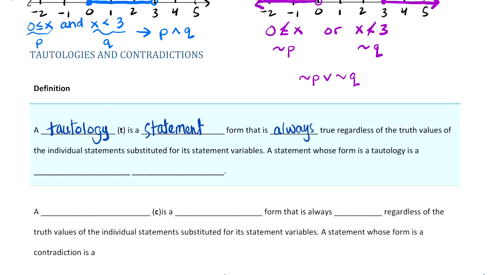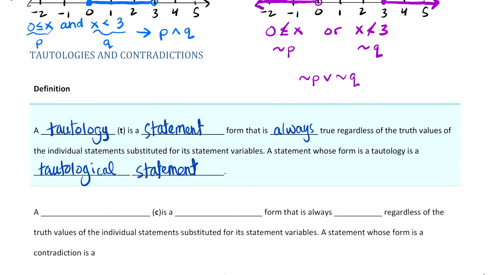A statement whose form is a tautology is a tautological statement. Now, a contradiction is a statement form that's always false, regardless of the truth values of the individual statements substituted for its statement variables. A statement whose form is a contradiction is a contradictory statement.